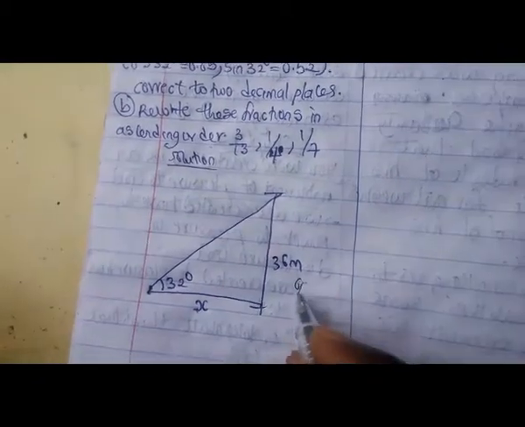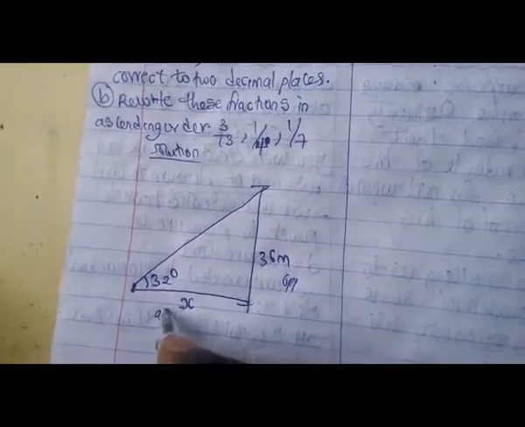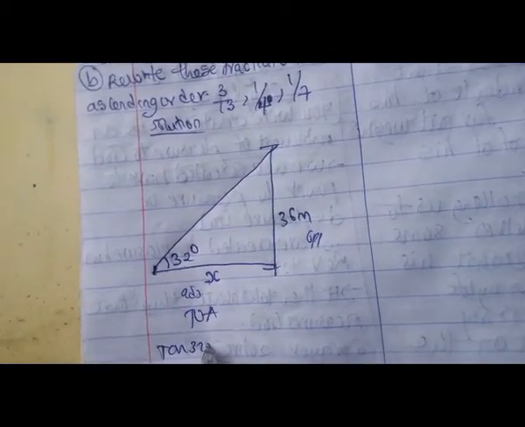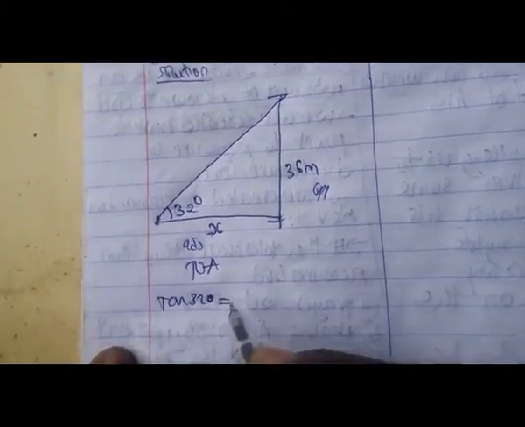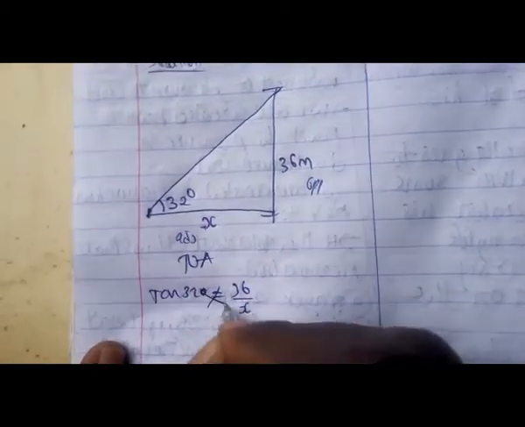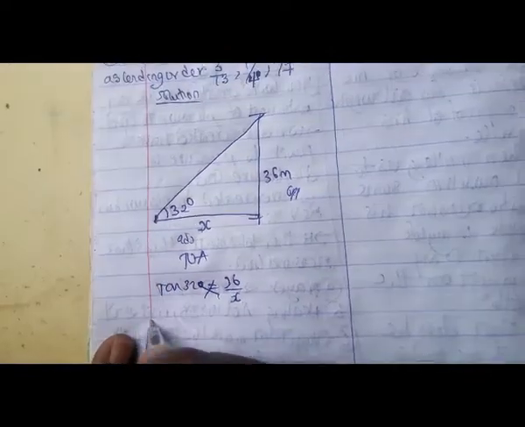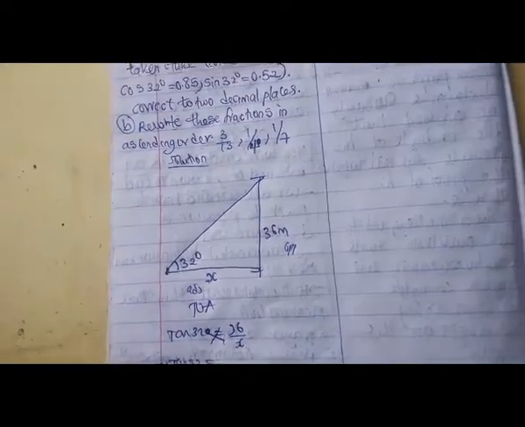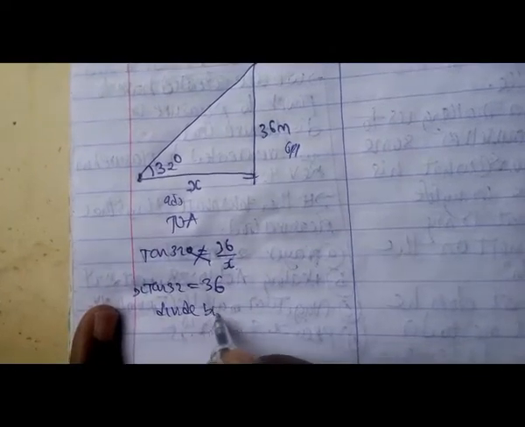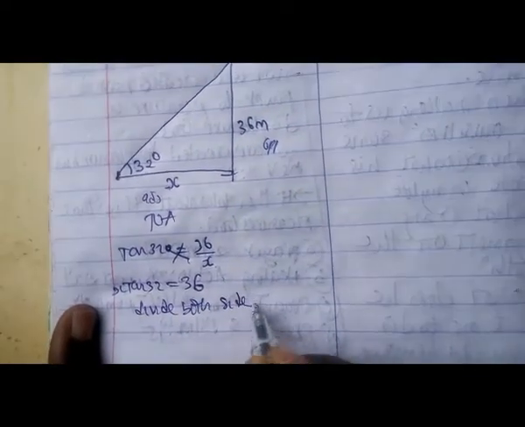So this is our opposite and this is our adjacent. So we use TOA. So tan 32 degrees equals 36 over x. So we cross multiply. Once we cross multiply, we have x tan 32 equals 36. Then now we divide both sides by tan 32.